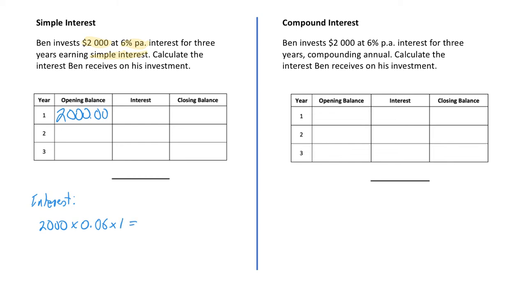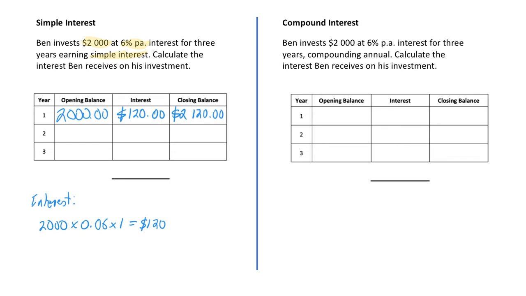So that is going to be $120. So in the first year, Ben's interest is going to be $120. So at the end of the first year, Ben will have $2,120, including that $120 interest.